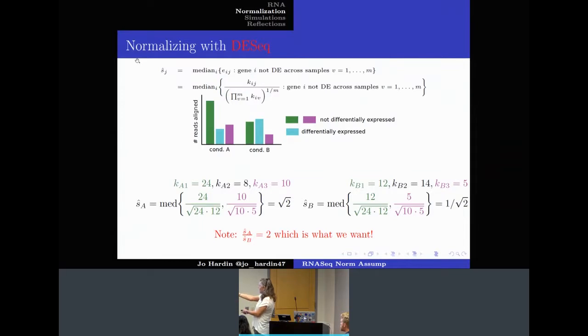And look, hey, A is twice as big as B. See, the size factor of A divided by the size factor of B, √2 over 1 over √2, is just 2. And that's what we want, because you can see here that the green is these non-differentially expressed genes. It just happened to be that condition A, let's say, was left in the sequencer twice as long. Okay, so this is the gist of DESeq.